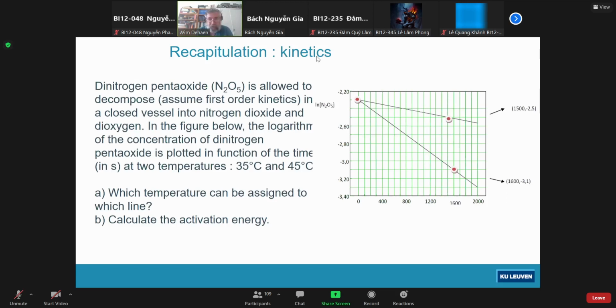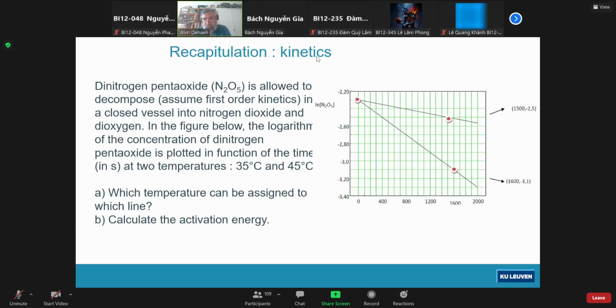So this is the logarithm of the concentration as a function of time. You can see it goes down. That's to be expected, because more and more of the N2O5 will react. One graph goes down faster, and that's the graph at a higher temperature. That's what I meant. And then the activation energy is indeed calculated from the data.